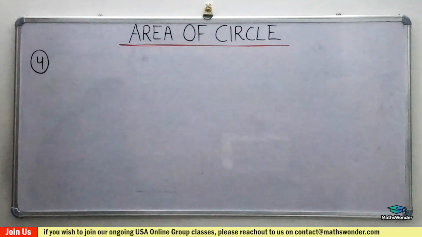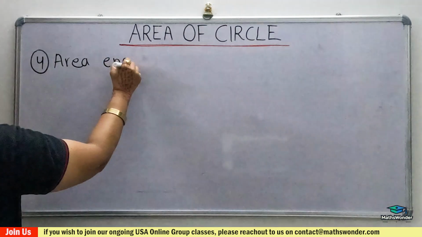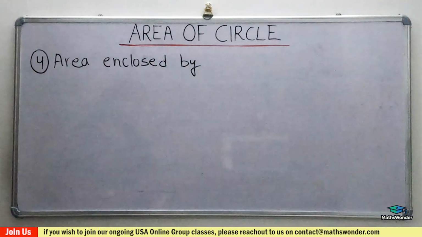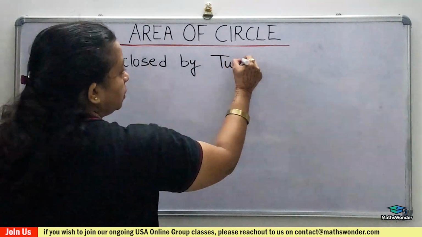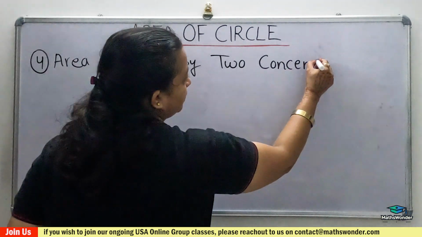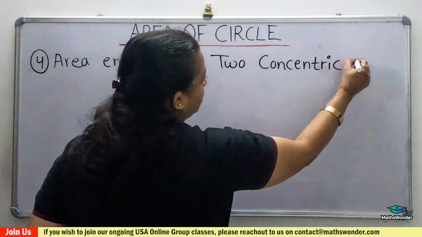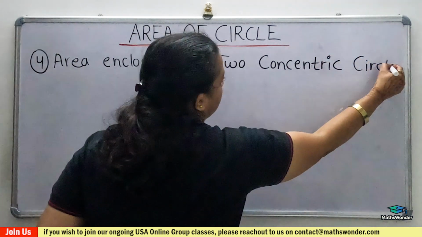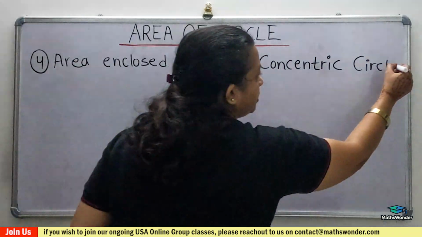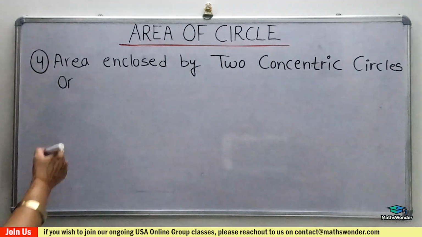Okay. Now, I want to give one more very important formula. Come to the fourth very important formula: area enclosed by two concentric circles, or area of a ring.